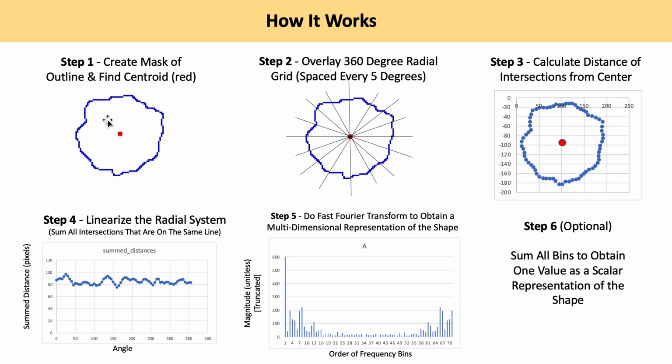We've quantified this shape in this set of frequencies. And if you want to derive one scalar value, that is one number that represents the shape, one method is to sum all the magnitudes in all the bins to get one scalar value, one number that represents the original shape. So that's how we did it.